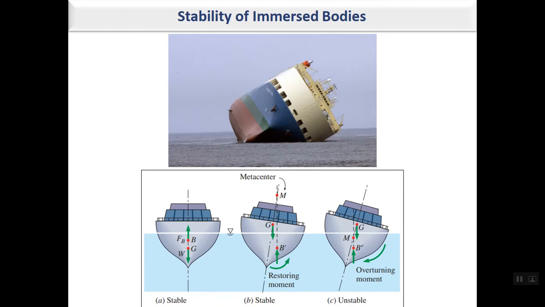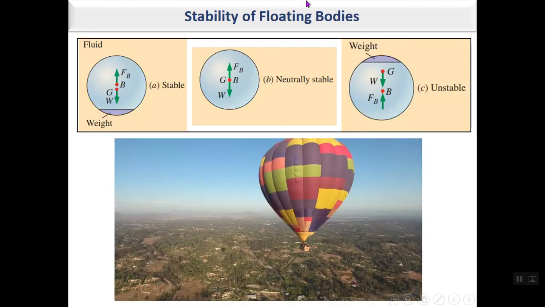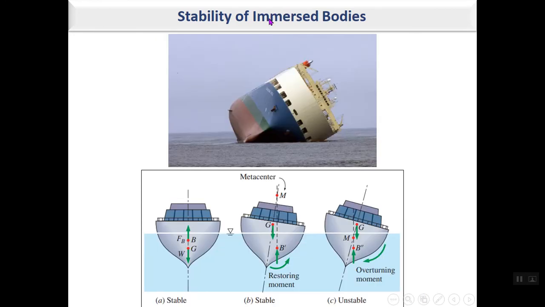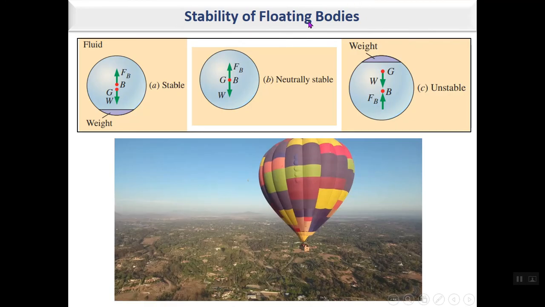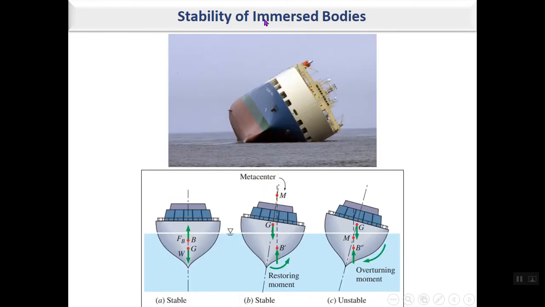I am really sorry because the topic here should be immersed bodies, and the topic here should be floating body. I'm sorry for that. So here we have the stability of immersed or submerged bodies. Here we should have the stability of floating bodies. As this is a recorded video, you can correct it yourself when you listen to it.